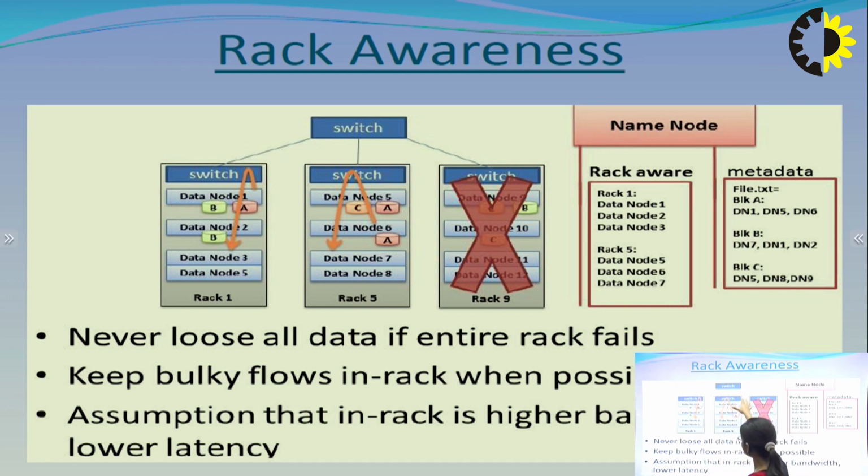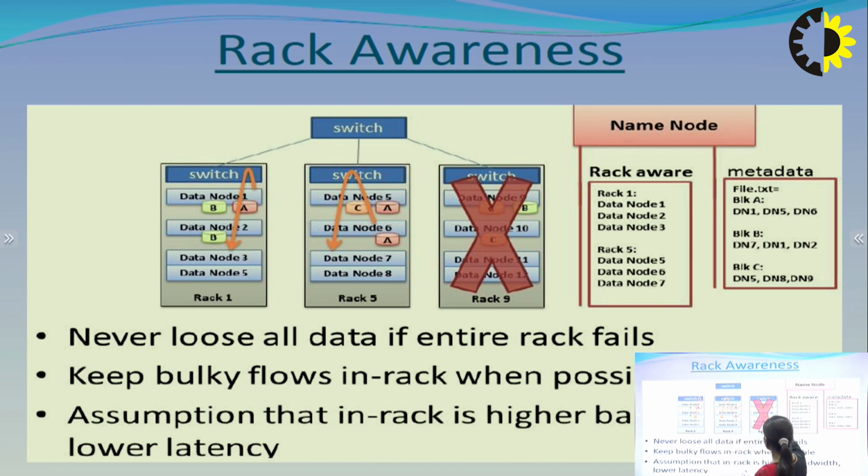This is the switch and it connects data node 1, data node 2, data node 3, and in that way there is a rack, and each rack contains some data nodes, and the data nodes contain the blocks. In another diagram, this is switch 2 and it has rack 5. Rack 5 has data node 5, data node 6, 7, 8, and each data node contains blocks.